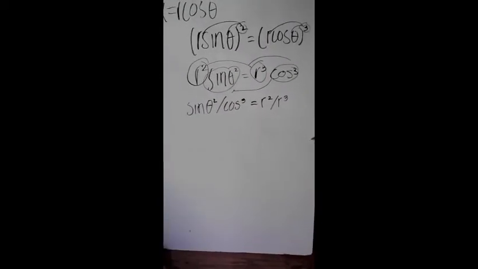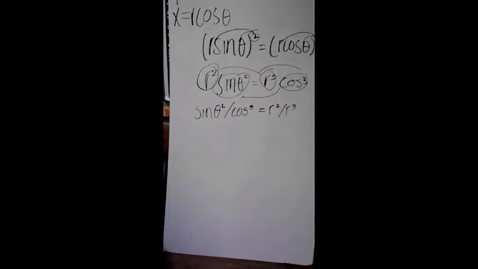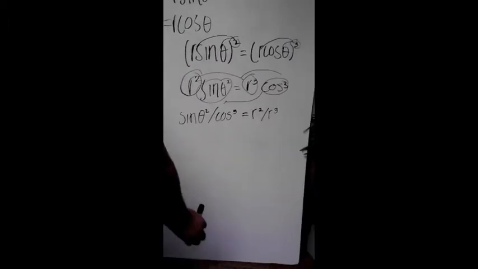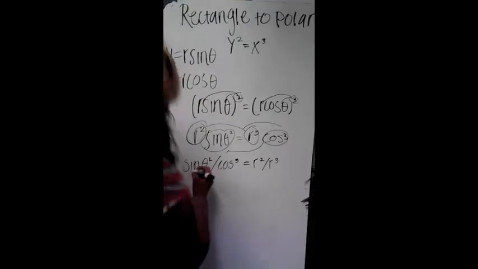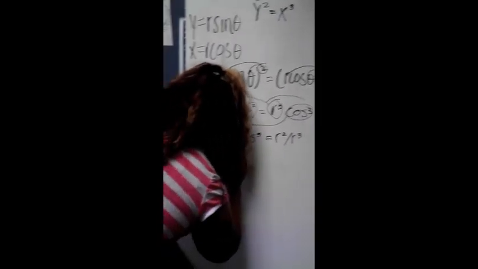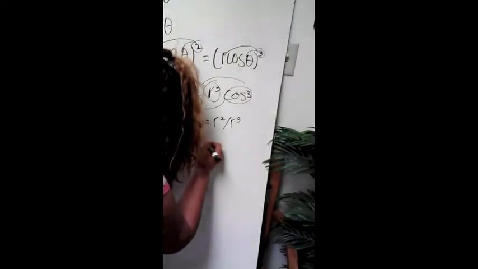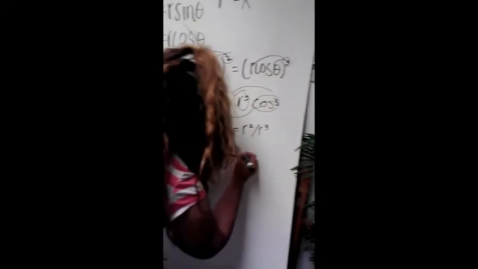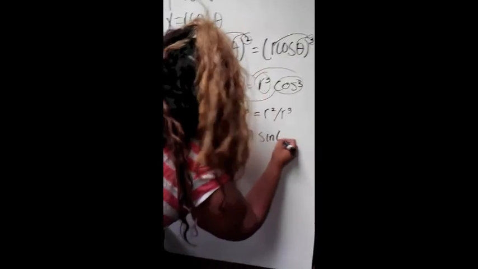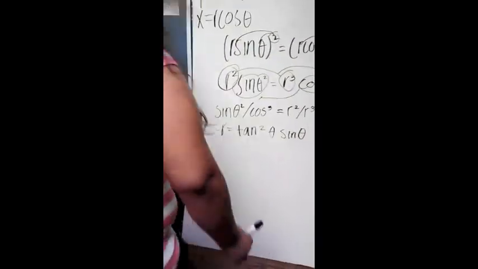Then you use a trigonometric definition, which is going to give you r equals tan squared theta. Then this is your answer.